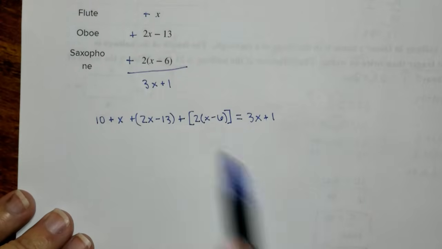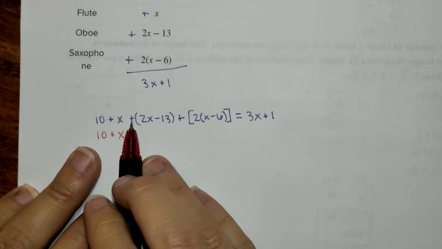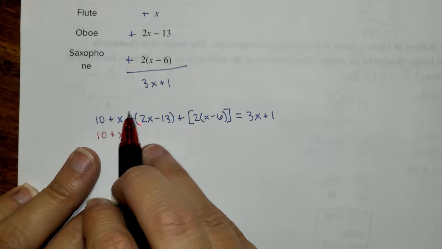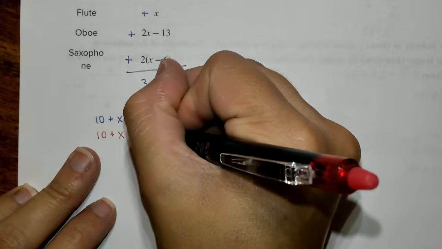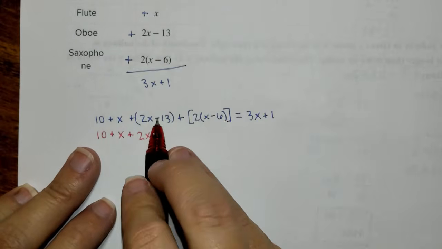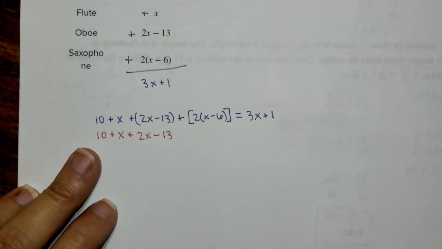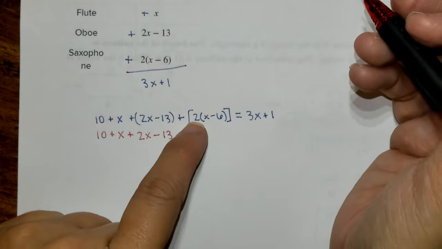All right, so first, we do whatever is inside parentheses so we can simplify. So this is going to be 10 plus x. All right, and then since this is a positive sign in front of the parentheses, we can just drop the parentheses. If there's a negative sign here, we'd have to distribute the negative. But when we distribute a positive, we just still get a positive 2x. And adding a negative 13 is still just a negative 13. So we drop the parentheses. Okay, and then here, this is positive. Let's see, so we've got plus 2 times (x minus 6).